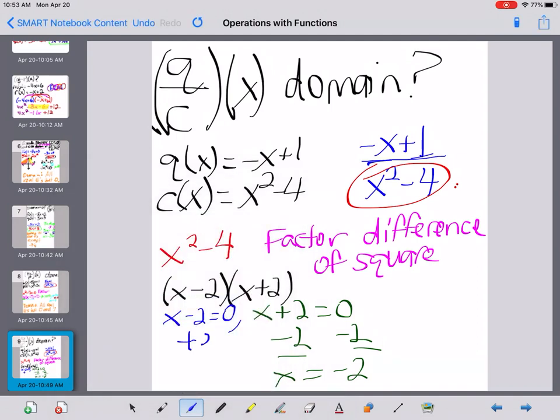And on this one, I need to do the opposite of subtracting 2, which is adding 2. So I'm going to have x equals positive 2.